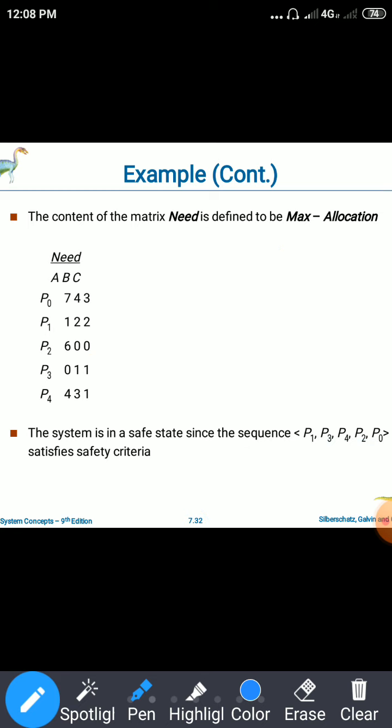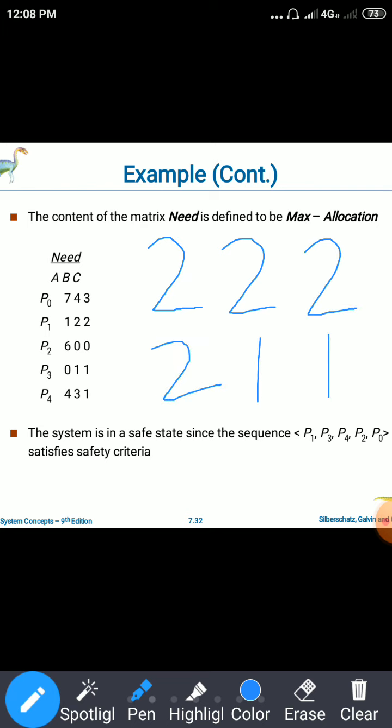Similarly calculate it for P3. The maximum requirement is 222, and currently allocated is 211. Now what is the need value? 2 minus 1 is 1, 2 minus 1 is 1, 2 minus 2 is 0. So for P3 the need is 011.